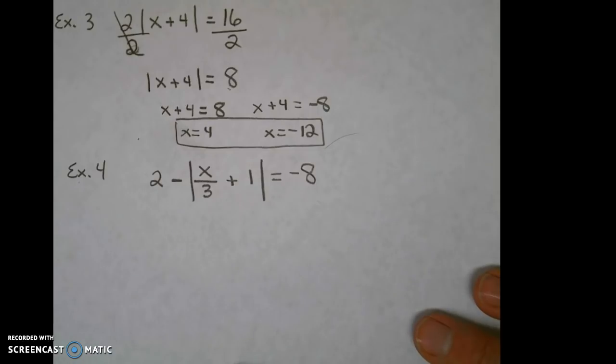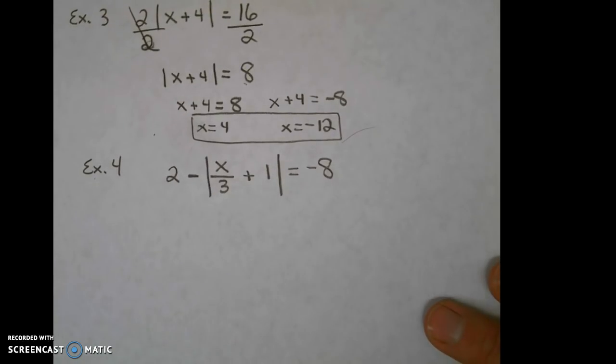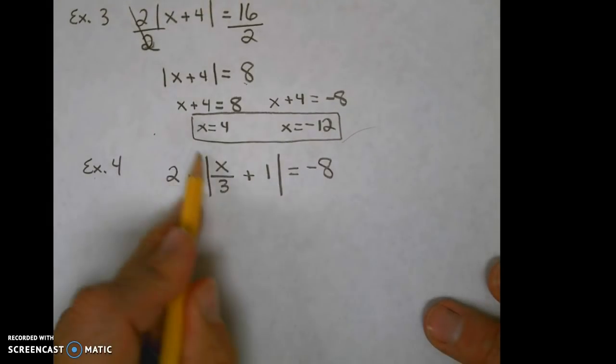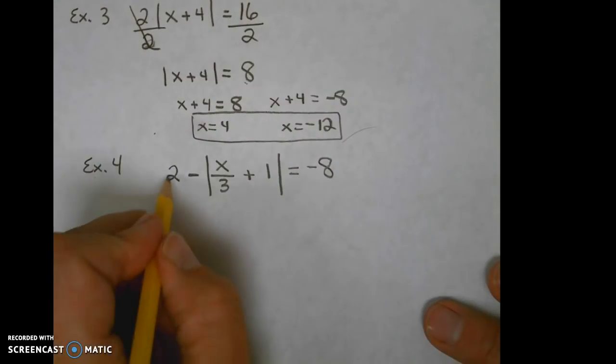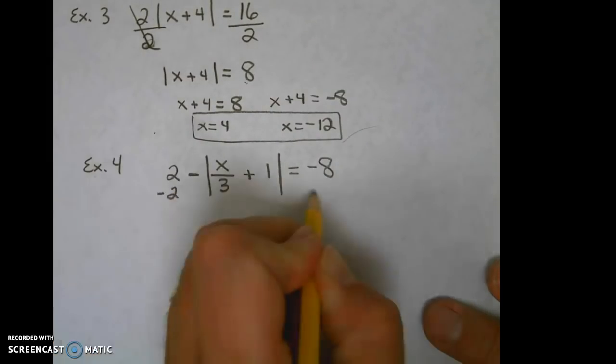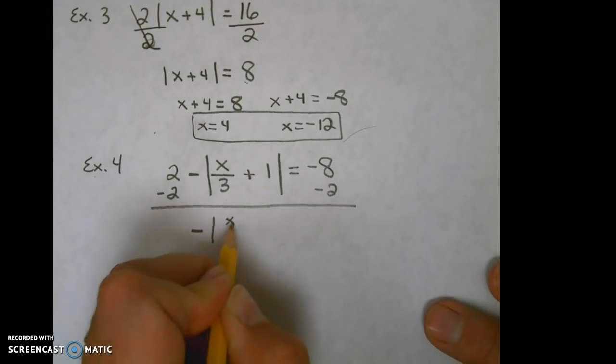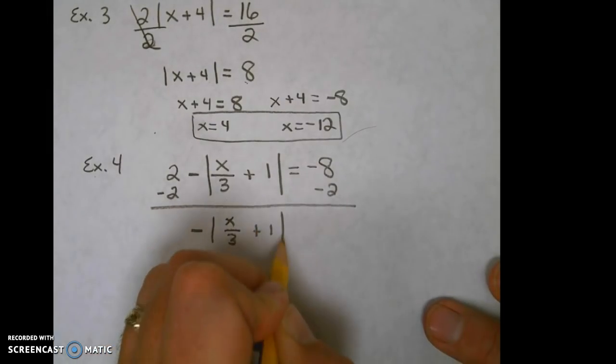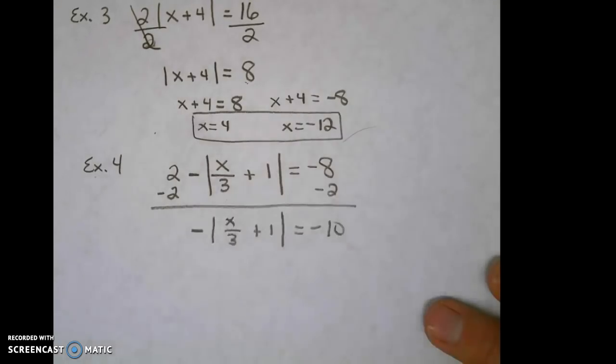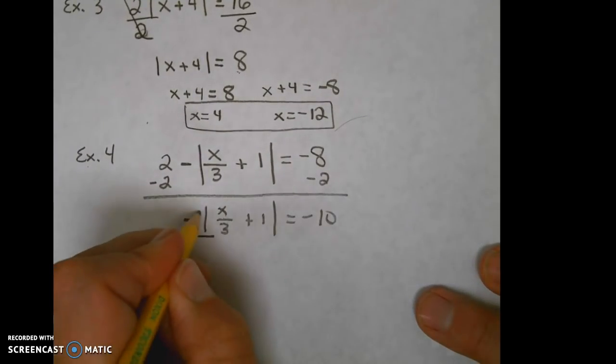Okay, so first thing we need to do is clean up the outside. So we're going to start by subtracting the 2 on both sides. Dividing by the negative 1 out front.